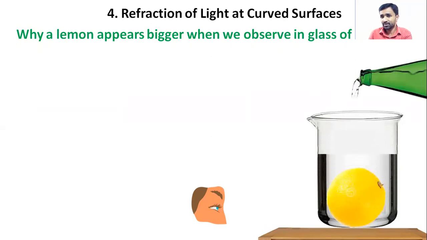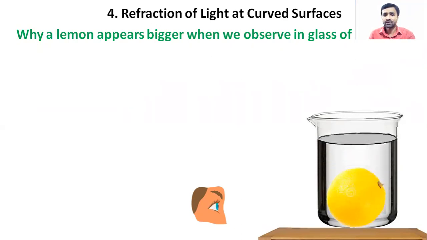So why has it happened actually? That reason we will know by the ray diagram. Whatever it may be, when you are viewing something, you are receiving light from the object. Without receiving the light, it is impossible to see it.